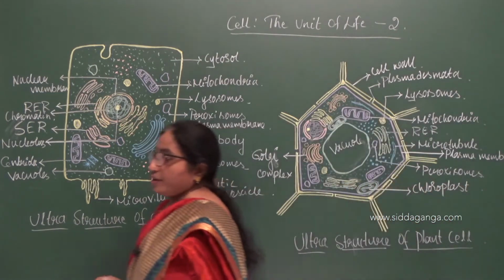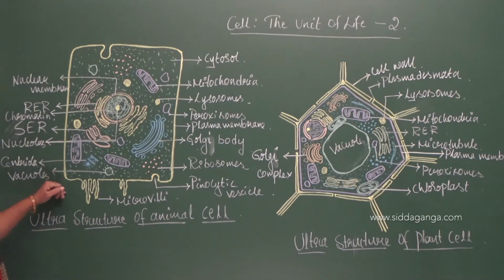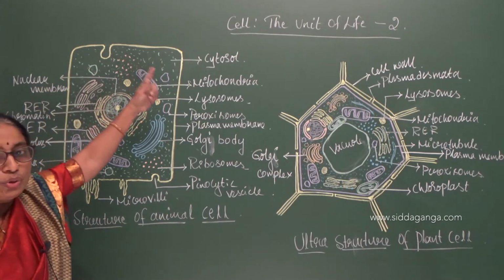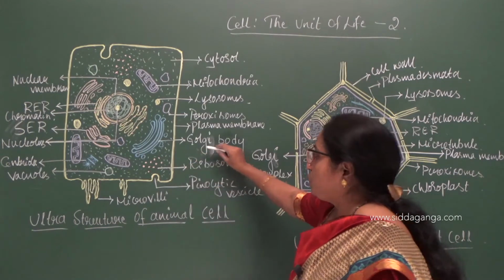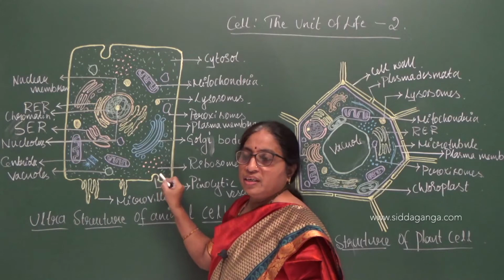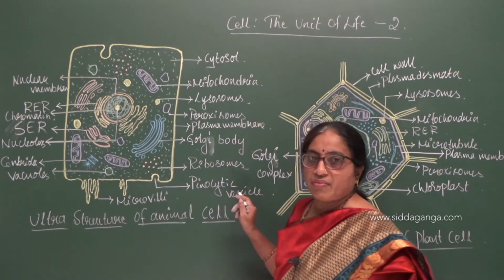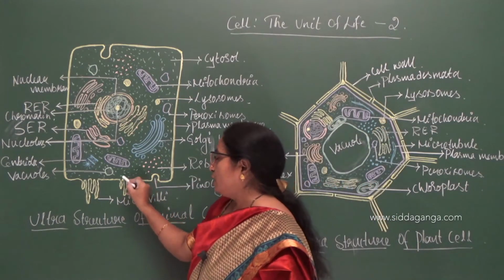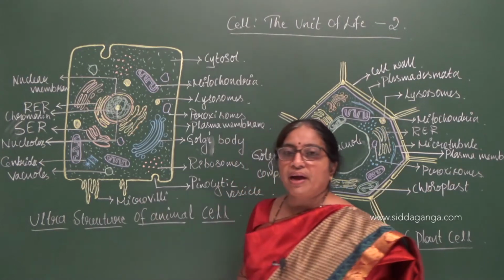So these are the various organelles of the eukaryotic cells. So you can see the ultrastructure of an animal cell. The outermost layer is the plasma membrane. Here you can see the plasma membrane has an infolding forming a rounded, vesicle-like structure, which is called the pinocytic vesicle, and these are the outgrowths from the cell coming out, which you call the microvilli.